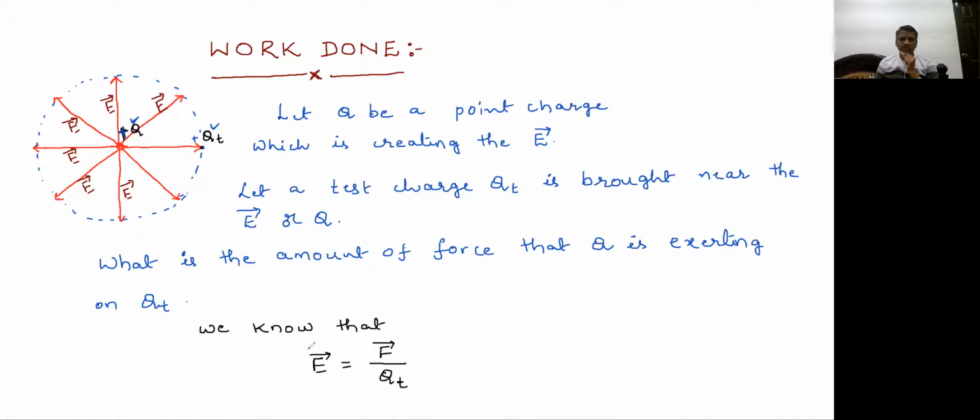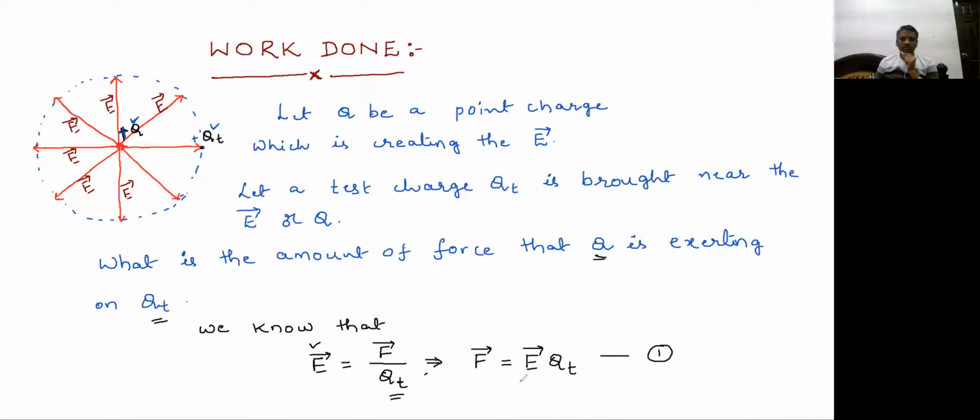From this, it's very clear that the force applied by the electric field on this test charge will be equal to, it is a simple cross multiplication, F is equal to E vector into QT. This is the force exerted by the charge Q on this test charge QT.